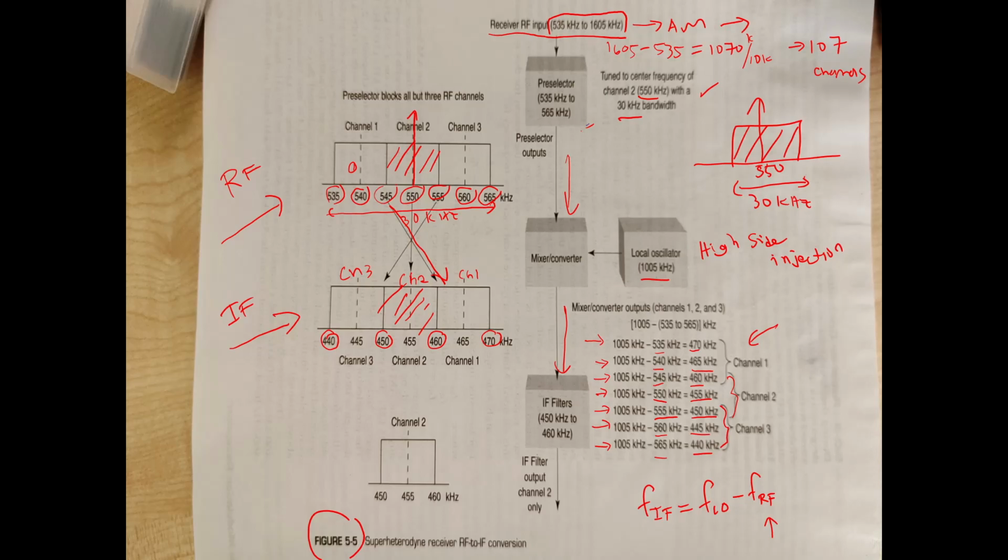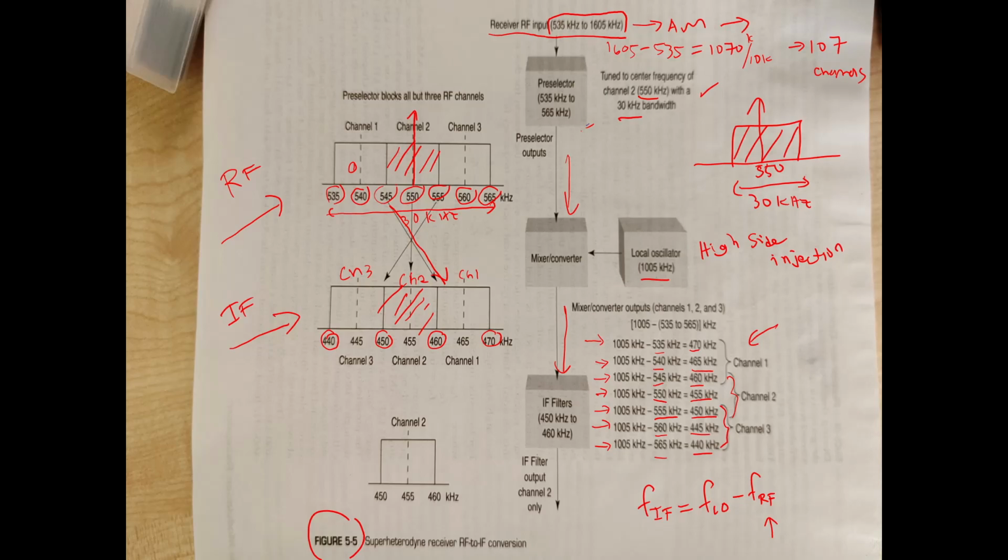So in the IF section, remember we have the band pass filter and also the amplifier. The band pass filter, as I mentioned previously, will select only the single frequency channel. So it will select only channel 2. And remember, the band pass filter in the IF section must have a sharper cutoff than the preselector.